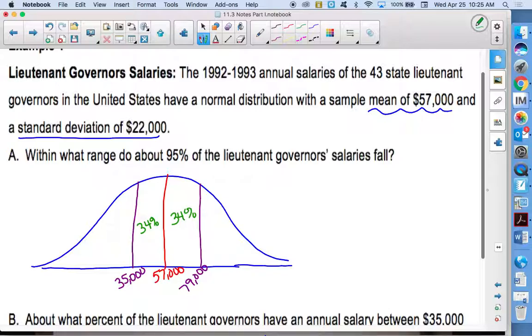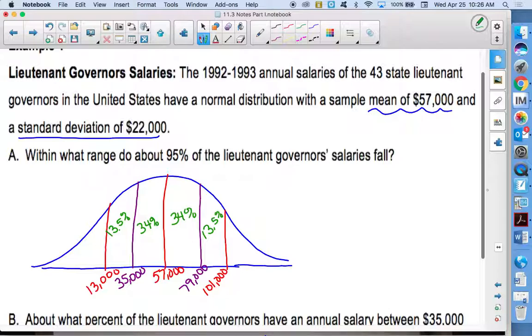Then I need to go another standard deviation. Continuing to add or subtract, you'll always do 3 standard deviations. So 35,000 minus 22,000 is 13,000. 79,000 plus 22,000 is 101,000. That number is 13.5 from the previous page, 13.5.